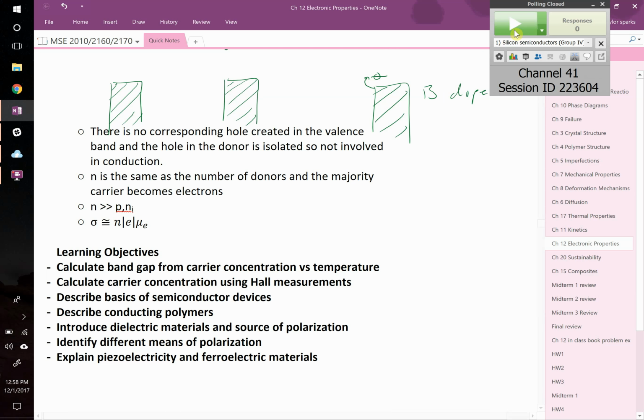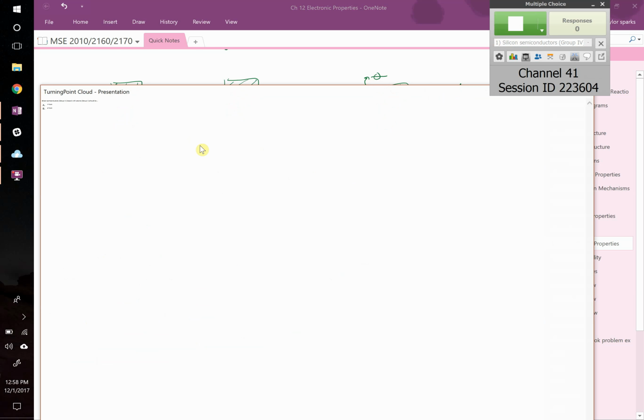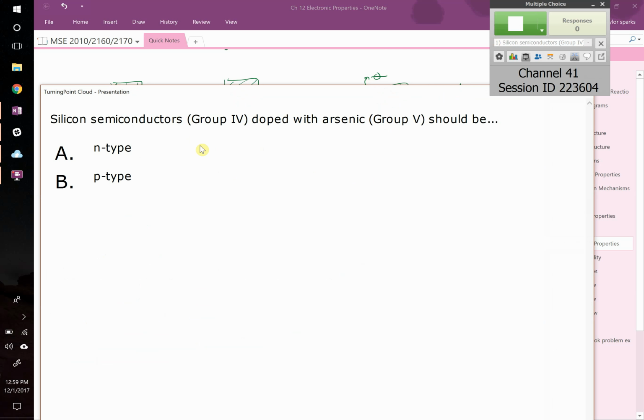Okay, so let's start with a reading quiz for today. The first question is as follows. If you have a silicon semiconductor, that's a group 4 element, and you dope it with arsenic, which is a group 5 element, it should be A, N-type, or B, P-type.